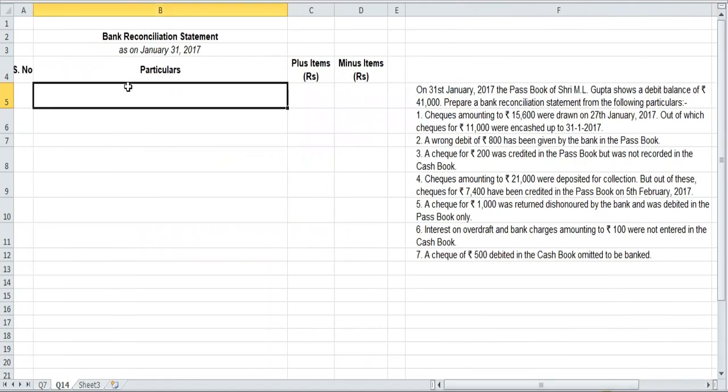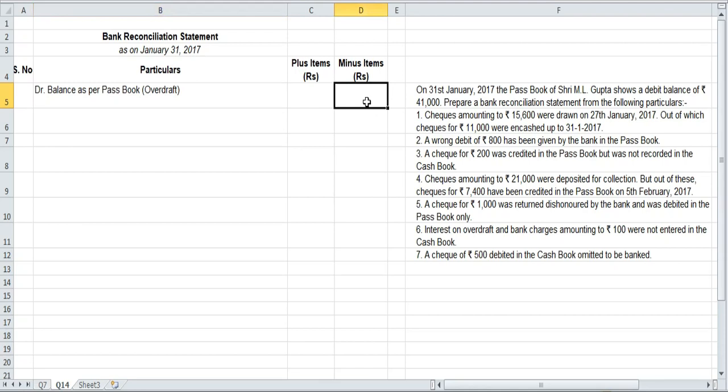So we'll write here first, debit balance as per passbook, overdraft, and we'll write in the minus side 41,000.